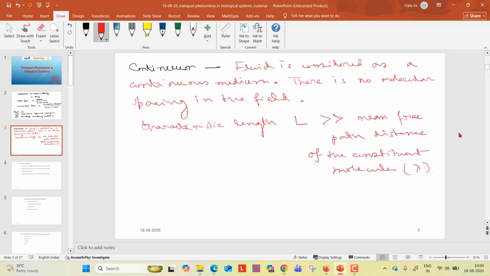Okay, so this is the continuum assumption.